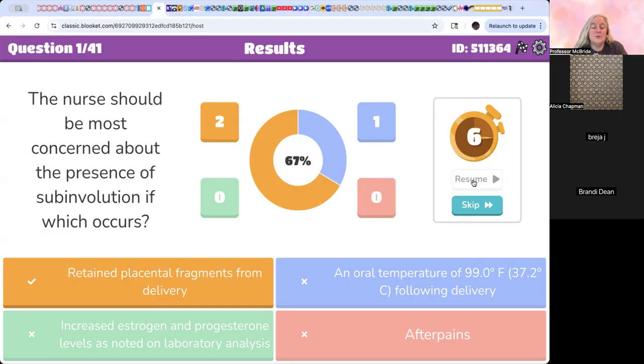So it says the nurse should be most concerned about the presence of subinvolution. What might make a nurse think that a patient has subinvolution? With subinvolution, it'll be bleeding. What else?